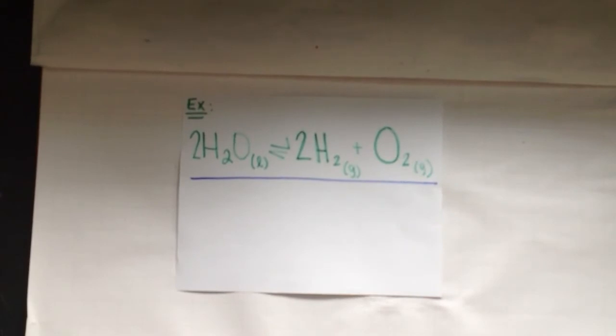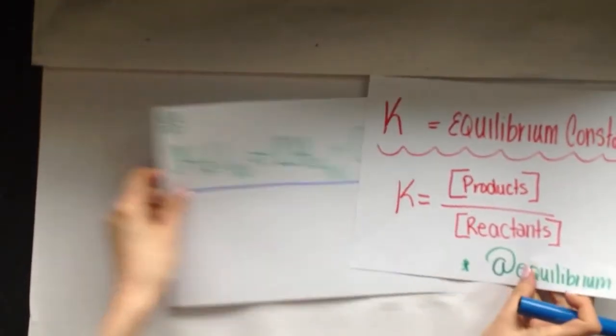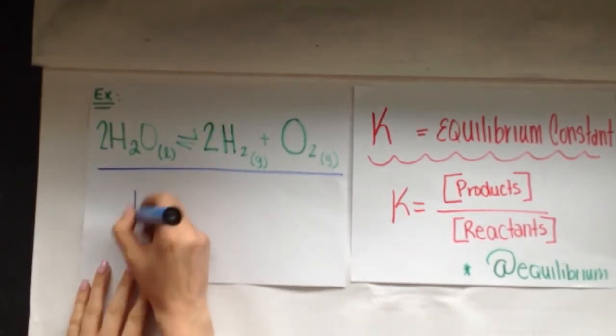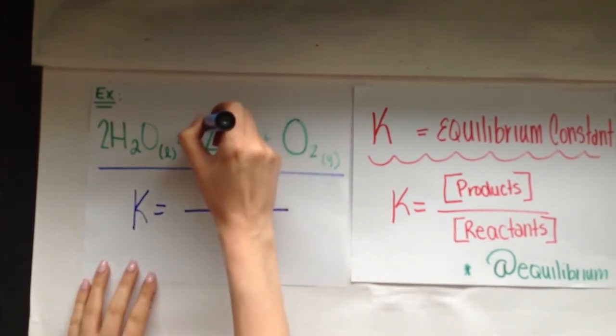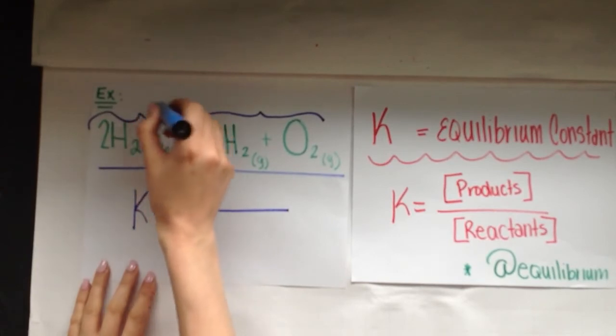Here we have a real equation, and that is water, liquid, turns into hydrogen and oxygen, both gases. So according to my equilibrium constant equation, if I want to figure out my equilibrium constant for this reaction, I have to take the concentration of my products, don't forget these are my products, and put them over my reactants.